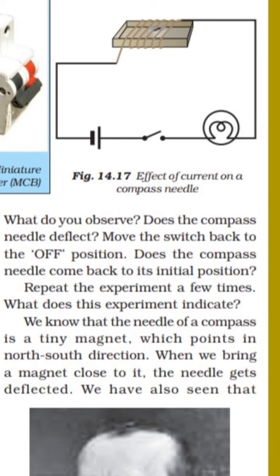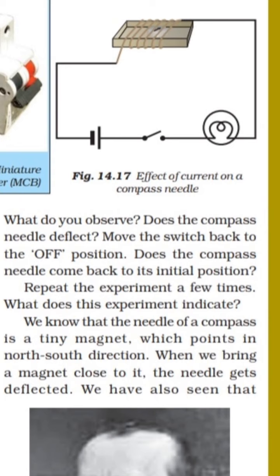Then we know that the needle of a compass is a tiny magnet. The compass is the instrument we use to show directions, and its needle is a tiny magnet. We are aware of that magnet. It is used for showing directions, and it points in the north-south direction.